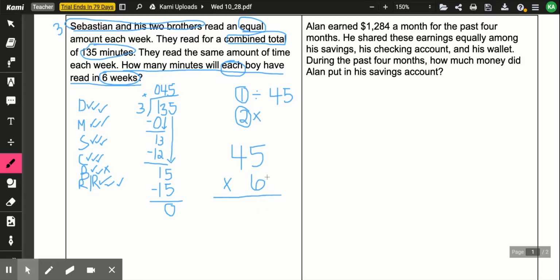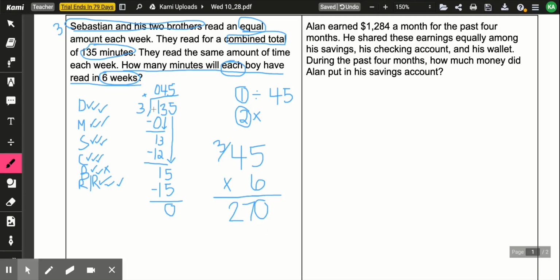So I start in my ones place. 6 times 5 is 30. Carry that 3. Now remember, 6 times 4, 24. I add this 3 to it. I don't add it before, I add it after. So 6 times 4 is 24, plus 3 more is 27.